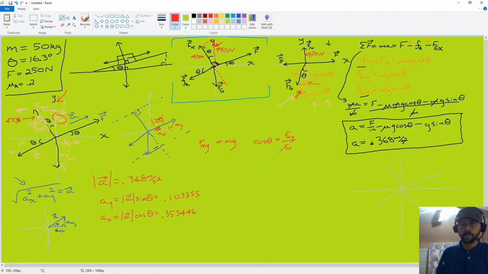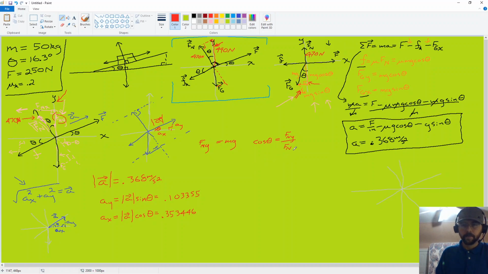And in this case, force normal would be the thing that we don't know, because for the sake of argument, we're assuming that force normal y equals mg. We were given theta, we were given m, we know g. So force normal is the only thing we don't know.